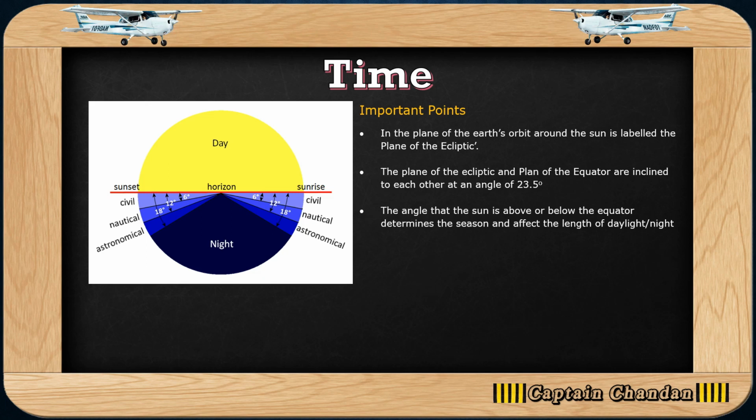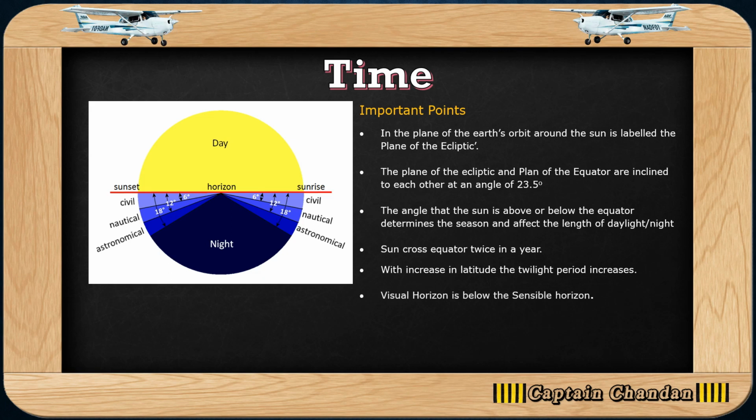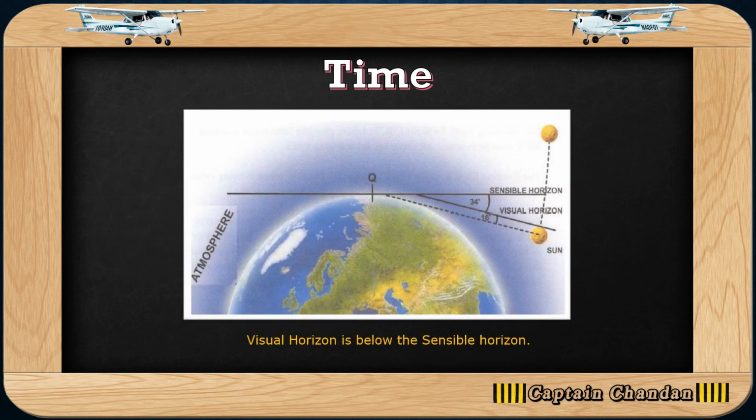The angle that the sun is above or below the equator determines the season and affects the length of daylight and night. The sun crosses the equator twice in a year. With an increase in latitude, the twilight period increases. The visual horizon is below the sensible horizon. Here you can see the visual horizon is just below the sensible horizon.